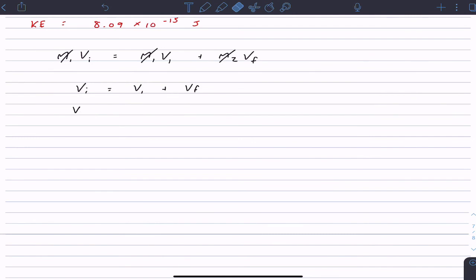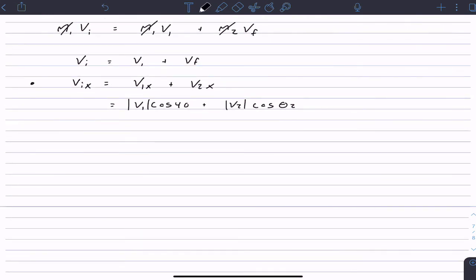The initial velocity in the x direction equals the final velocity in x: v_1x plus v_2x, which equals v_1 cosine 40 plus v_2 cosine of angle 2. We don't know this angle yet. So that's one equation that we have.